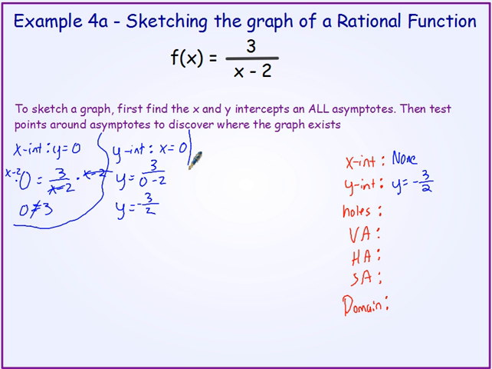Okay, so now I'm talking about holes, but when do I even find out if there are holes? When I'm doing a vertical asymptote. So let's go to vertical asymptote. What do I do? Factor. Can I factor the top? Can I factor the bottom? Can I simplify? Nothing cancels, so then basically I'm just going straight to the what? Set the denominator equal to 0. So in our case, x minus 2 equals 0.